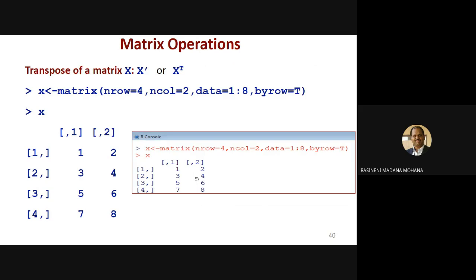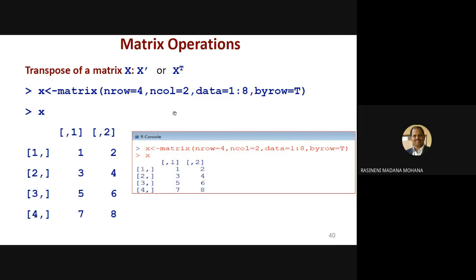Then if you want to find the transpose of a matrix, take the matrix we created earlier: x equal to matrix, nrow equal to 4, ncol equal to 2. For data, instead of a vector you can take the starting value and end value using the range colon operator: data equal to 1:8, which takes 1 to 8. Here byrow equal to TRUE means it displays the matrix row-wise.